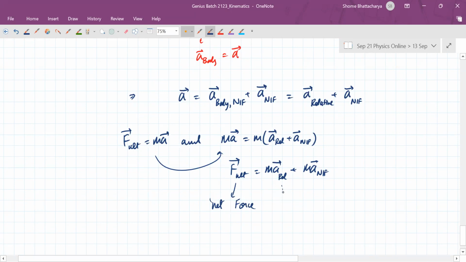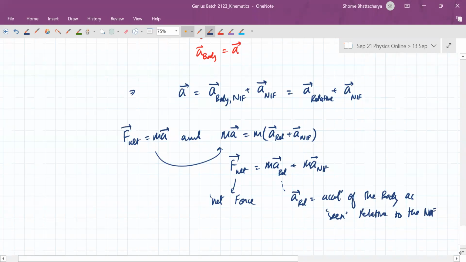But this is the acceleration of the body as seen relative to the non-inertial frame. So basically, this is mass into acceleration in the non-inertial frame.